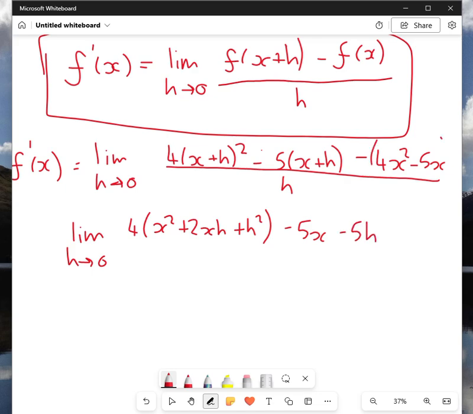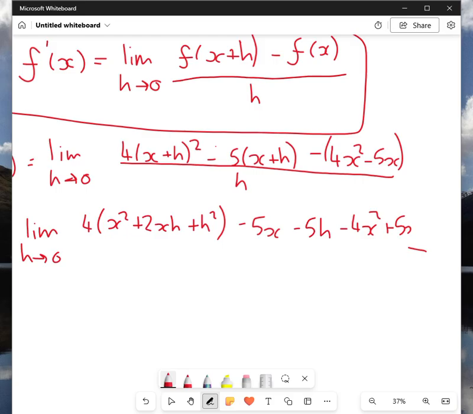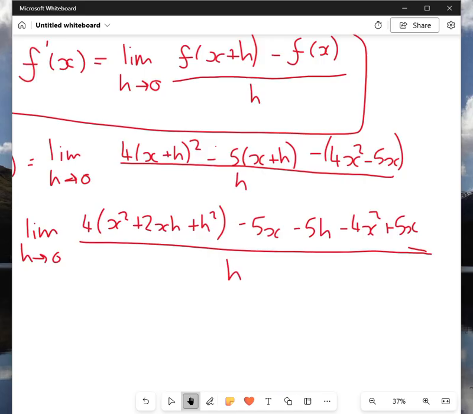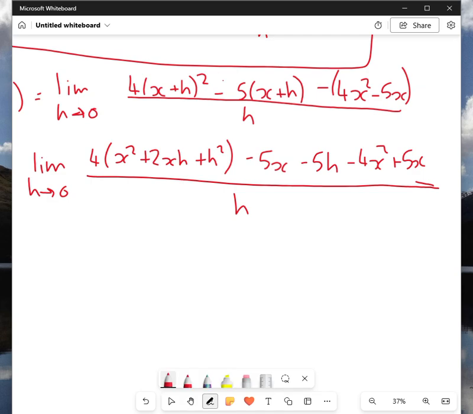And be careful, I really should put that in brackets because remember it's minus all of f of x, so that'll be minus 4x squared, and then a plus 5x. Just be careful of that. It's all over h, and that's all going to be multiplied by 4. I know it's quite a long thing to write out over and over again, but if we do it like this and we don't rush, we're far less likely to make mistakes.